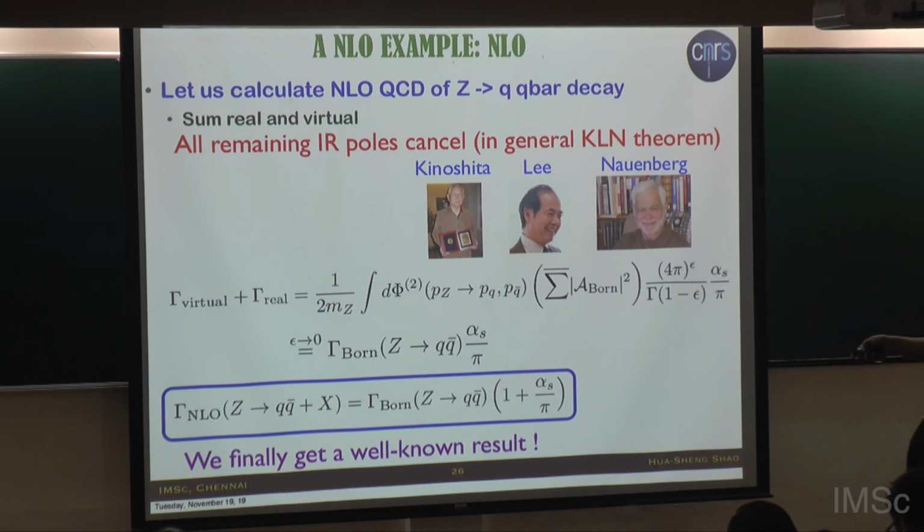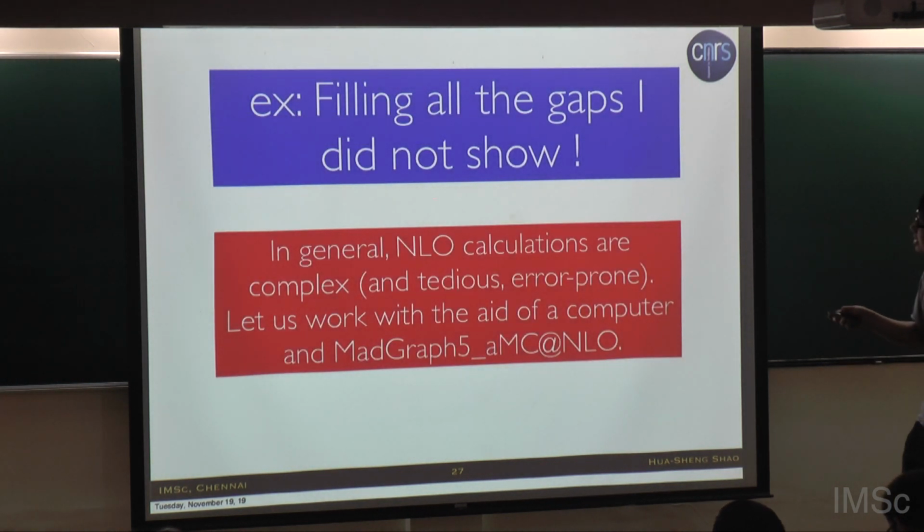So we finally get a well-known result. The exercise for you is filling all the gaps, because I do not show all the steps. There are so many integrals I did not calculate. I just calculated one, and there are many derivations where I do not show you intermediate steps. So fill in all the gaps to get the result alpha s over pi.